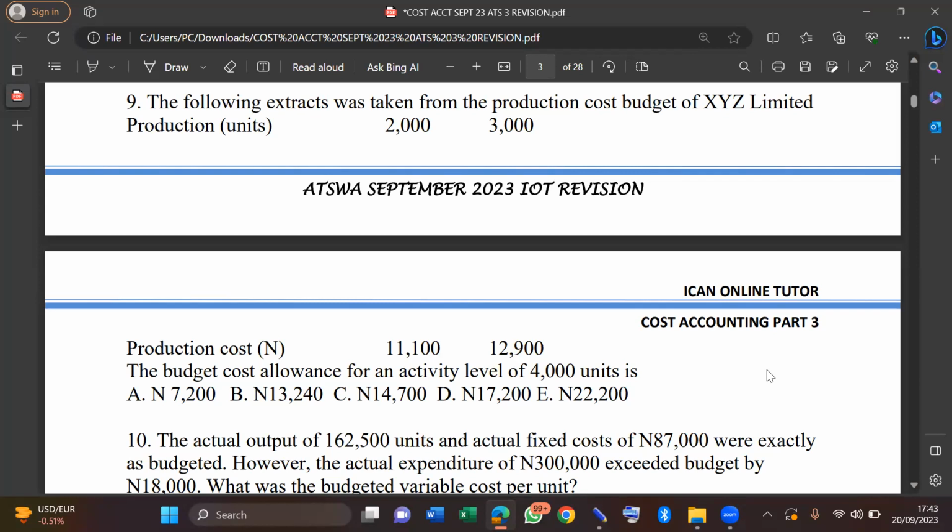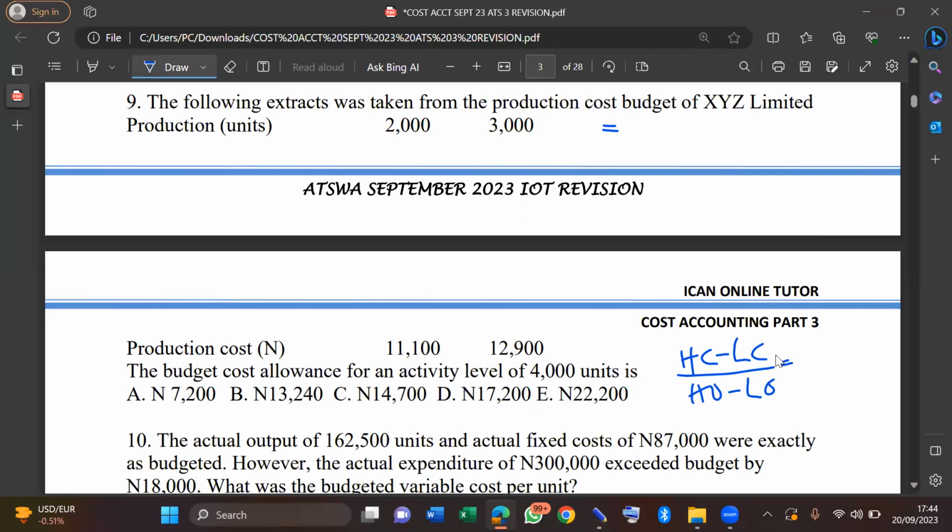Okay, my dear all, look at the question. They have asked us for the cost budget. If you use high and low, you'll be getting your answer. High and low should be giving you something around 7,200. What is high and low? High and low is highest cost minus lowest cost divided by highest output minus lowest output.